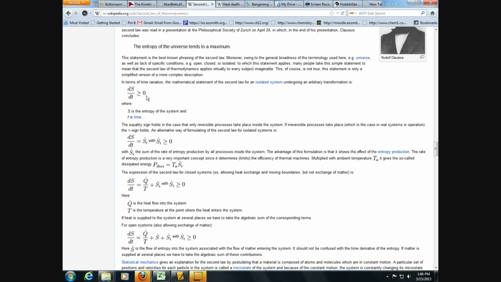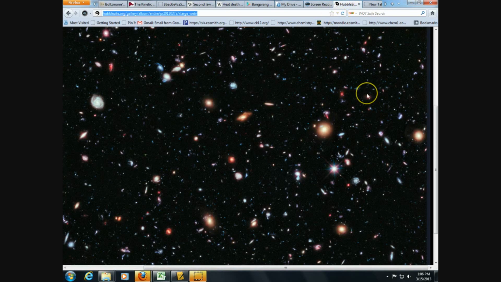Now that may be a little disconcerting to you, because you may be thinking about entropy as disorder and randomness, and you may think that the universe is becoming more and more random. Well, in general, you would be right. If you think about the universe right now, there's a fair amount of randomness to it, but there's also a lot of order, spiral galaxies and so forth, and a lot of concentrated energy.